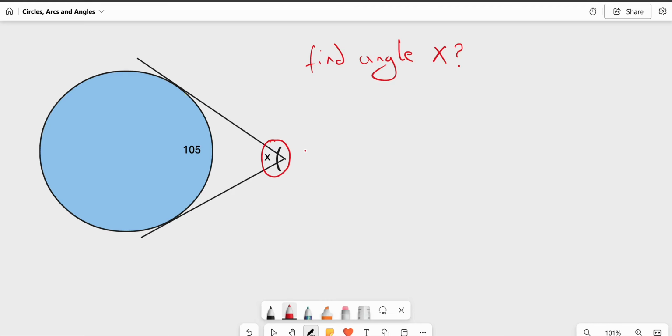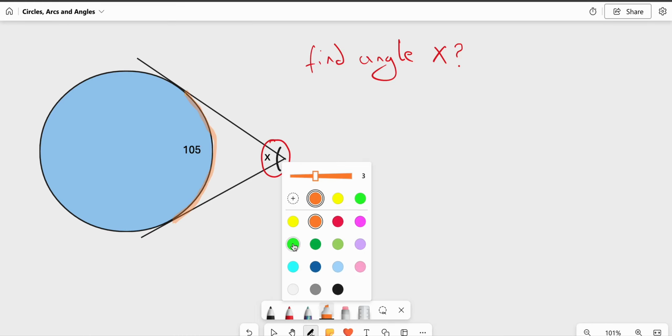This is an external angle, right? And we know that the external angle is equal to the difference between the two arcs created divided by 2. Where are the two arcs created? We have this arc here, and we have another arc, which is this one.